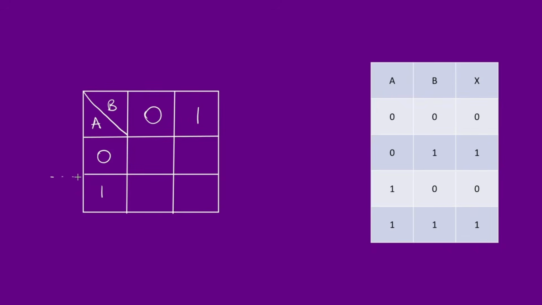If it helps, you can point out that this is the region where A is asserted, where A is positive, and this is where B is positive, just on the side, so that you keep it at the back of your mind. So that's drawing our Karnaugh map.